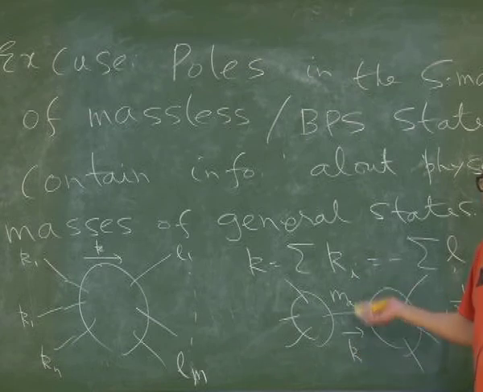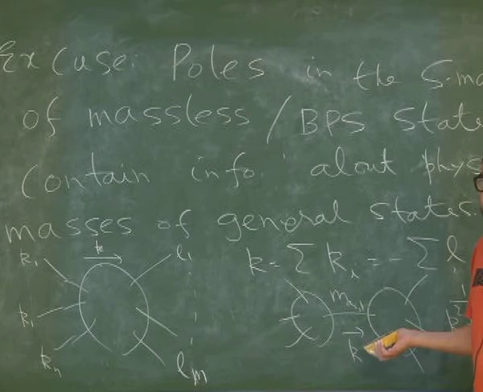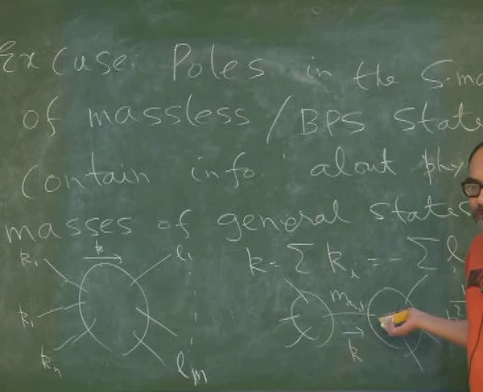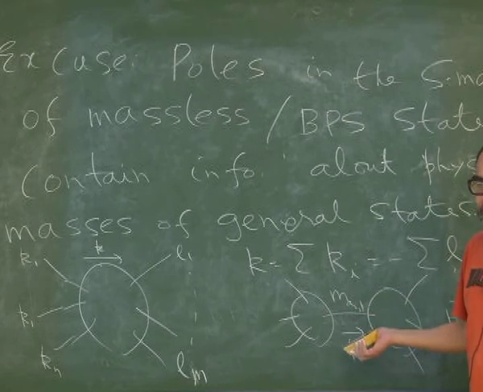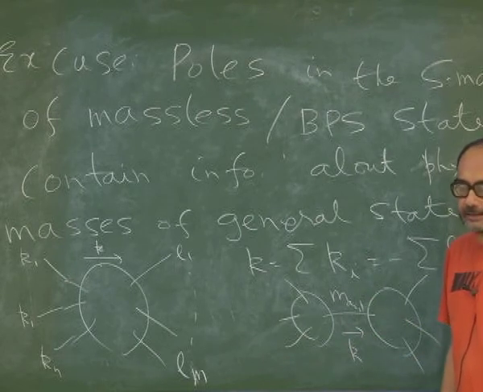These are one particle reducible Feynman diagrams. Exactly. The ones which are one particle irreducible in this channel will not give poles. So by looking at the locations of the poles, you identify the physical particles, physical masses.